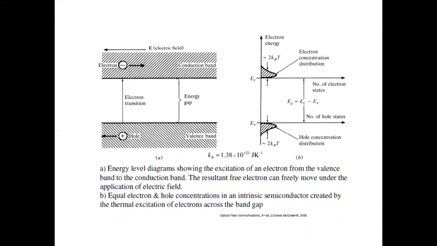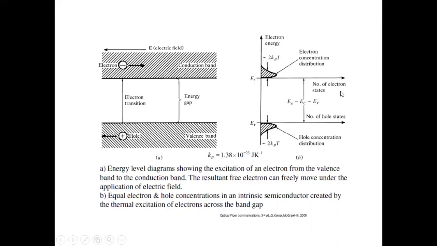This is your valence band, this is your conduction band. If you have a transition of one electron, it gets excited and reaches the conduction band. Then it is more or less free, so it can start moving under the effect of the electric field.